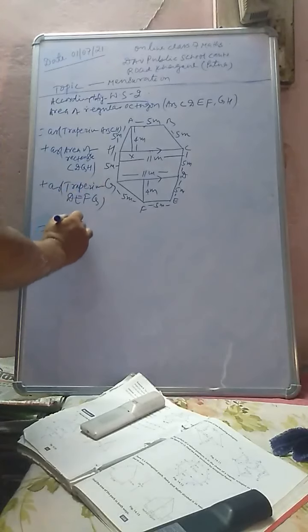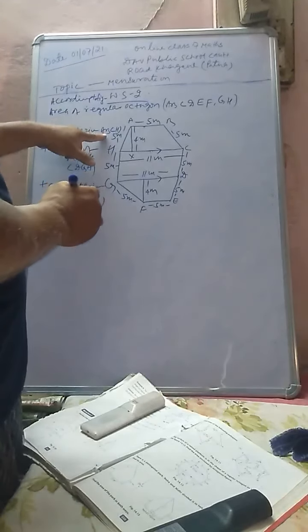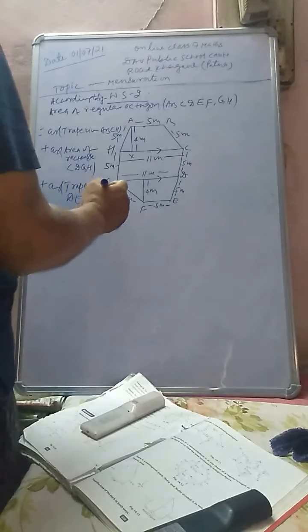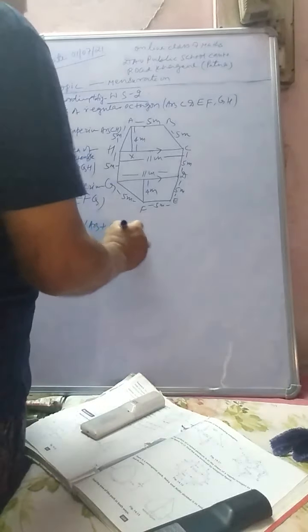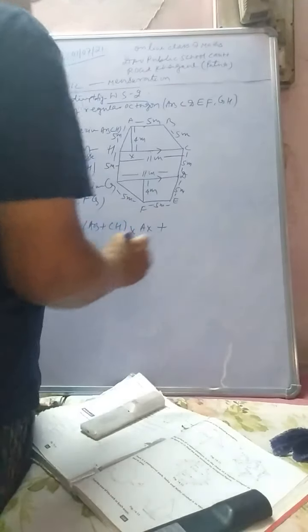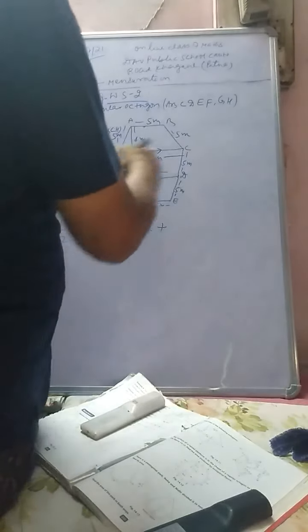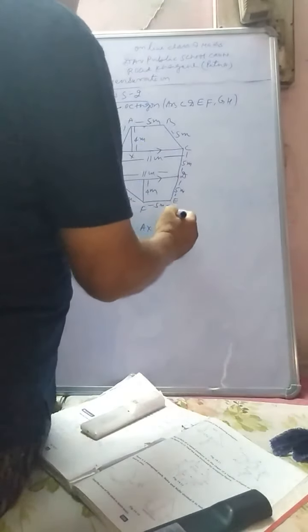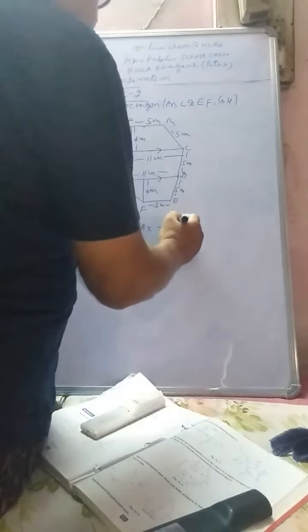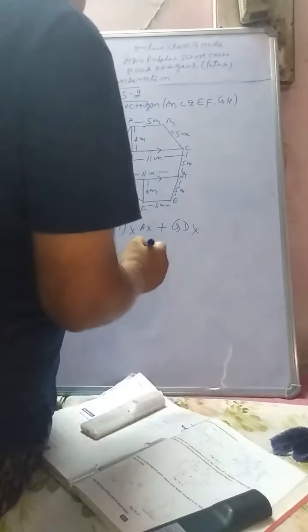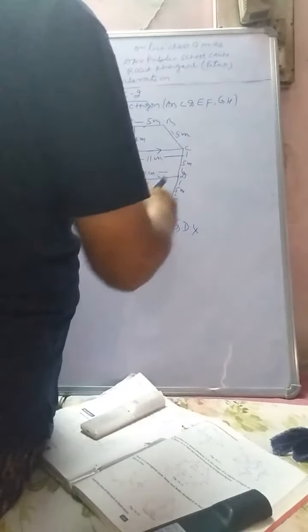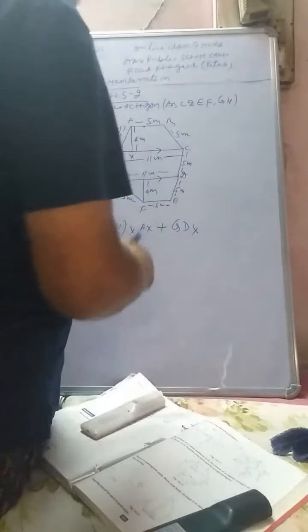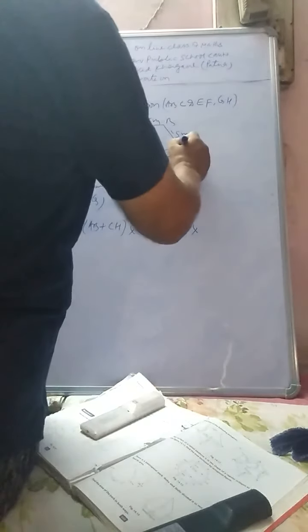This is equal to half into area of trapezium ABCH, sum of the parallel sides AB plus CH into height x, फिर plus area of rectangle CDGH, length into breadth, that is GD into CD, this is length, that is breadth. यहाँ से एकदम सीधा ऐसे है.